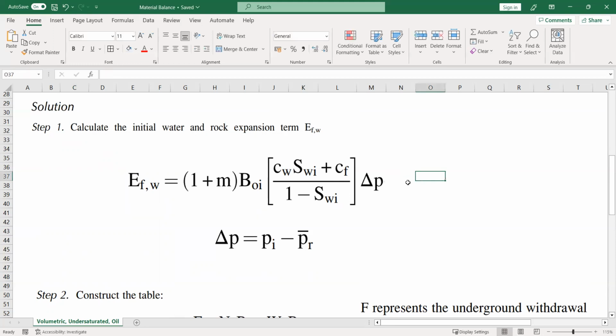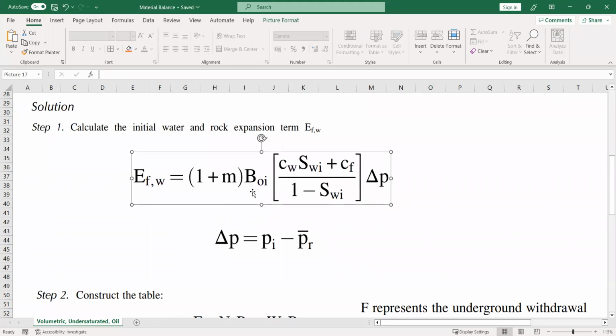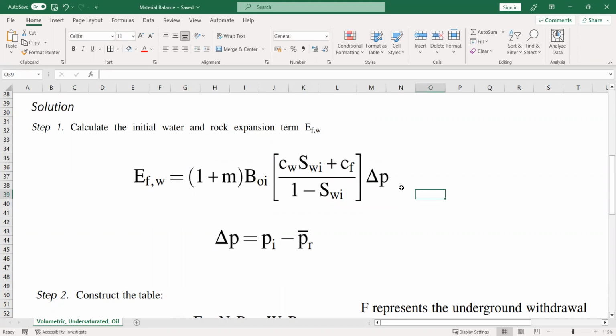Based on the material balance formula, you rearrange here and there, you get this Efw: (1 + m) Boi, and then something multiplied by delta pressure. But we don't have any gas cap, so we can cross out the m here.